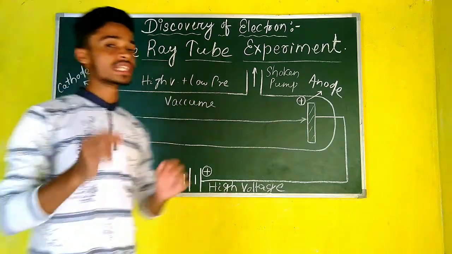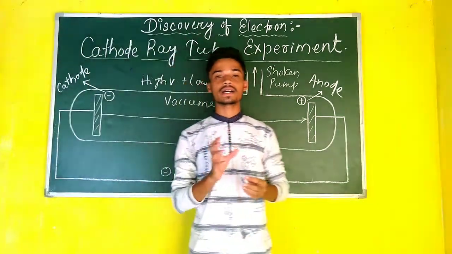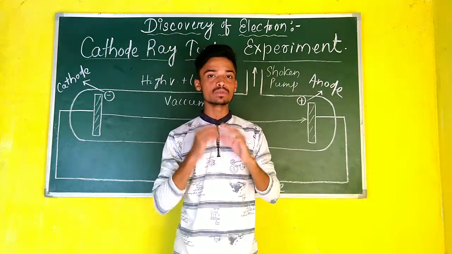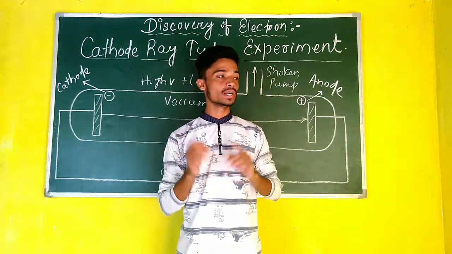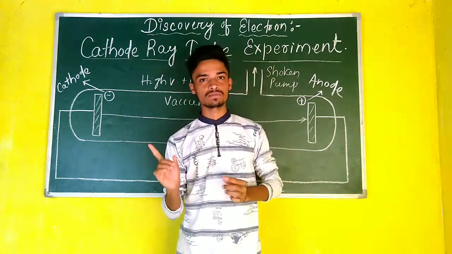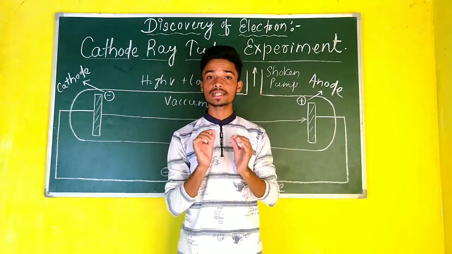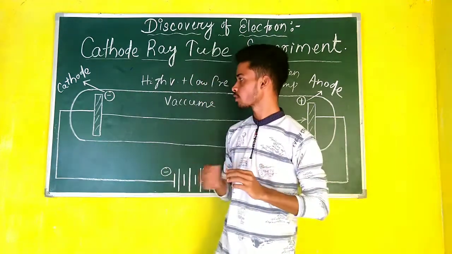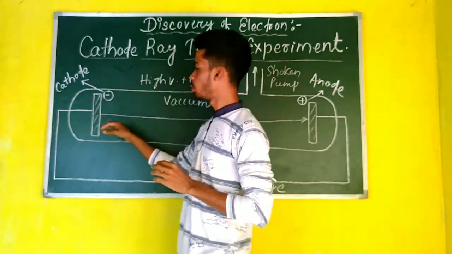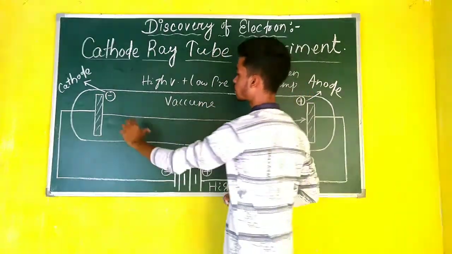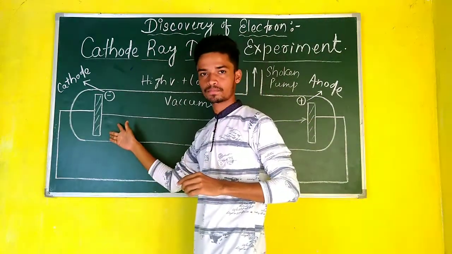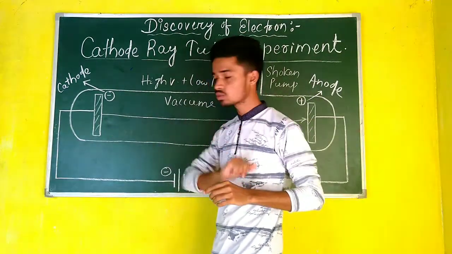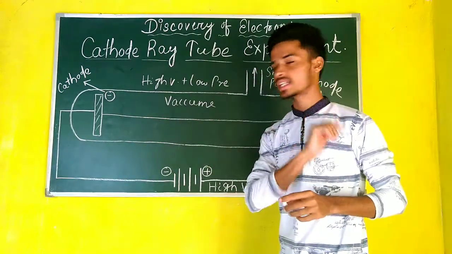Okay, so students, remember one thing: an atom is electrically neutral. Why? Because in an atom there is no net negative charge and no net positive charge. So the particle which is present on the negative electrode side is also made of different kinds of atoms. The atom is electrically neutral and this particle is also electrically neutral.